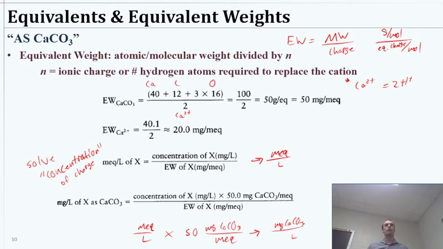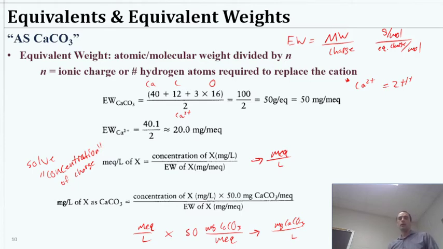We're going to do some problems, and it's a lot like the conversion between mass to moles and moles to mass, but it's done in a way that the conversion is in the background, so to speak. It's built into the definition of an equivalent weight. So it's a lot like a molecular weight, except we're doing it on a charge basis. And when we say as CaCO3, that implies that process is already done to an extent.